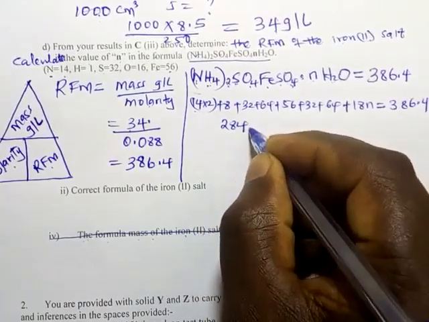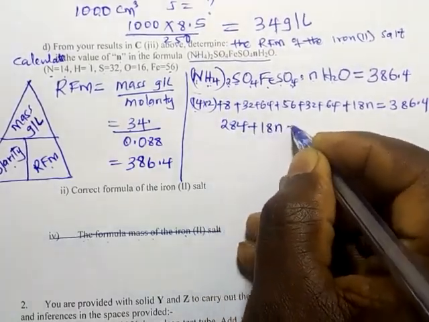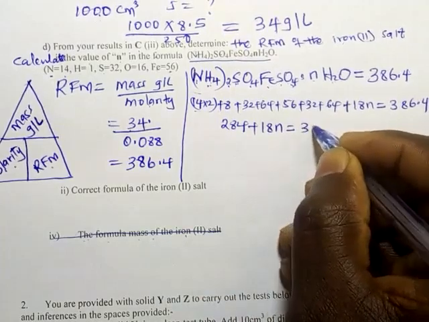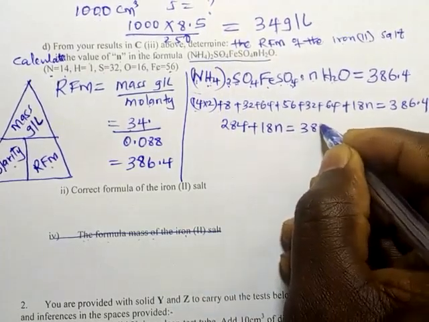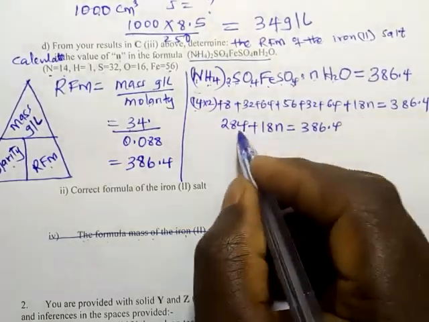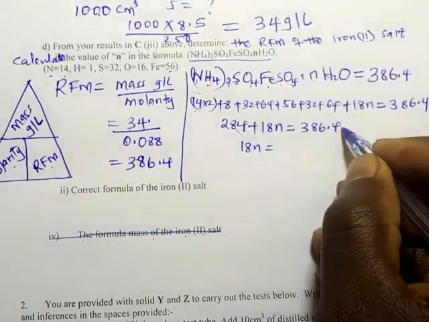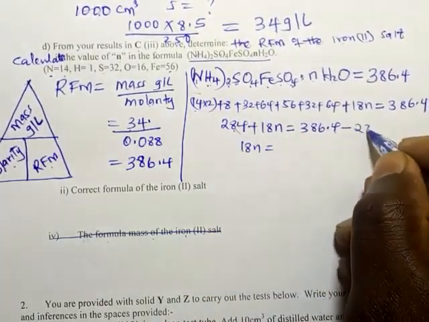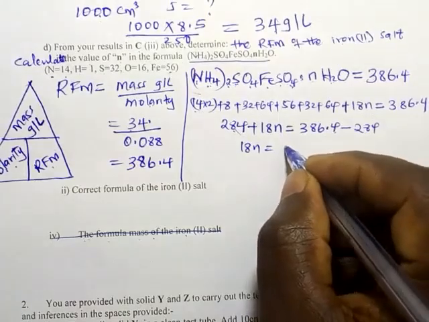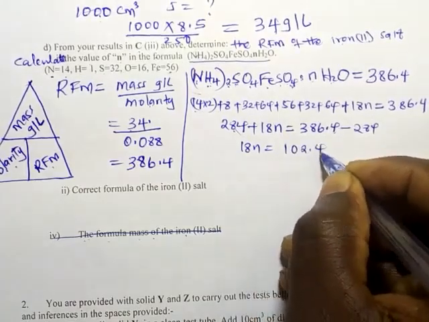Add everything here, you will get 284 plus 18N equal to 386.4. Putting like terms together, 18N is equal to 386.4 minus 284, which is 102.4.